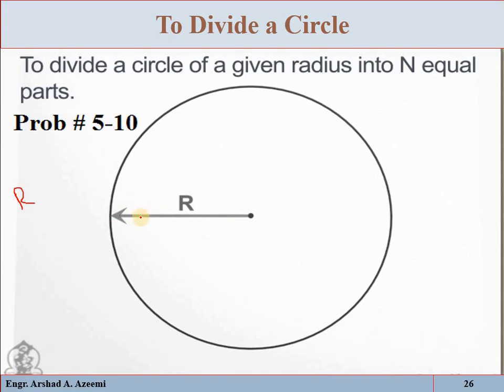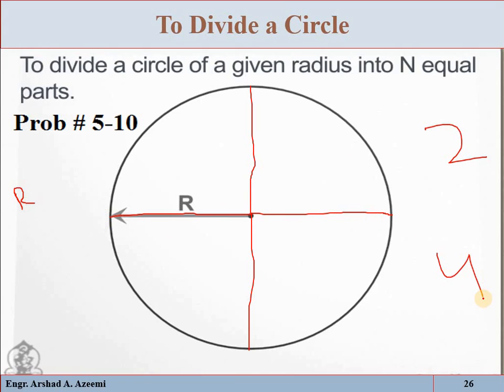And when you draw a line passing through the center of the circle, the circle will be divided into two parts. Now when you draw another line perpendicular to this previous diameter, the circle will be divided into four parts. So this is the division of the circle into equal parts, two parts, four parts.